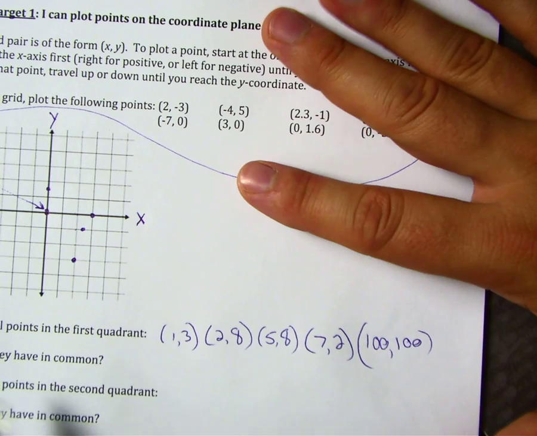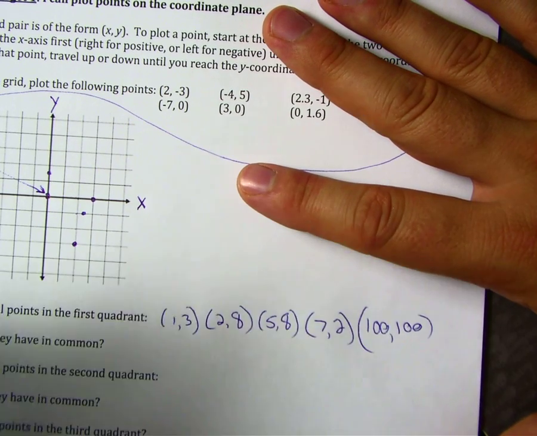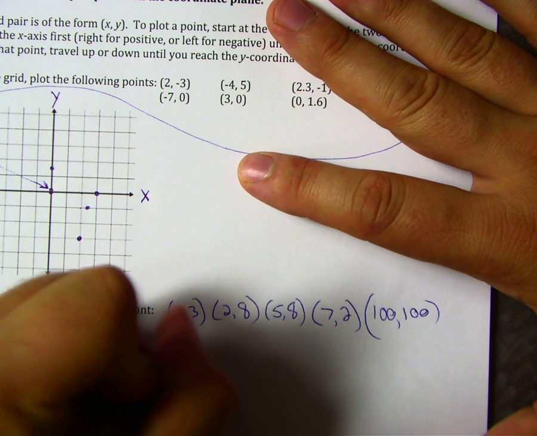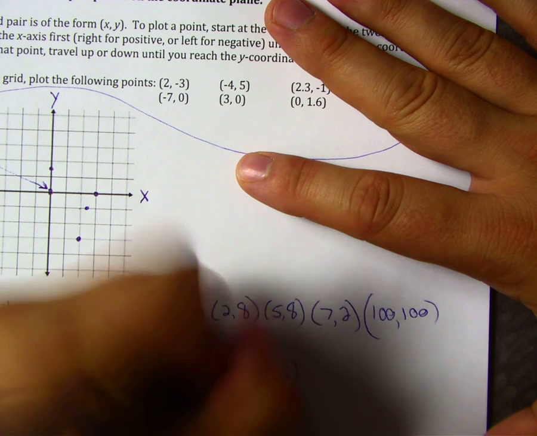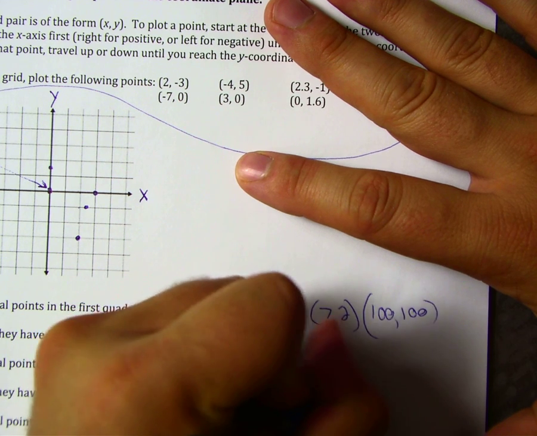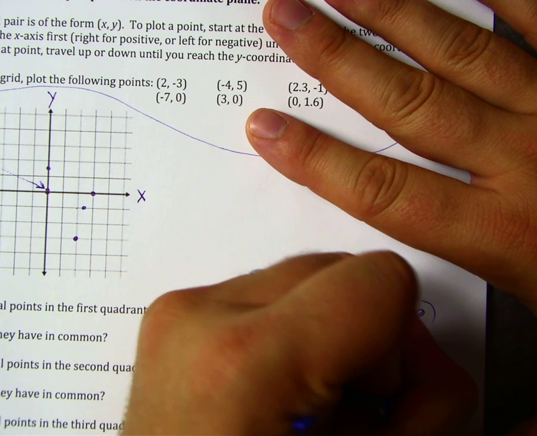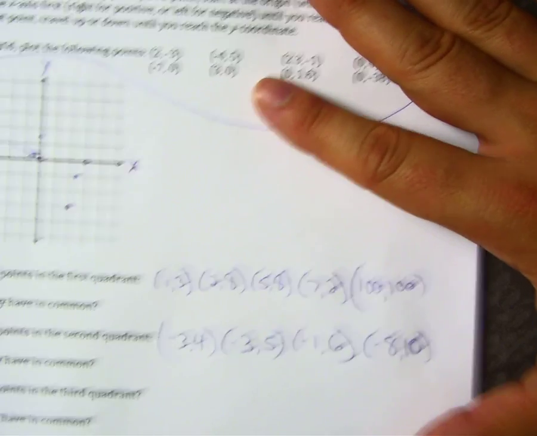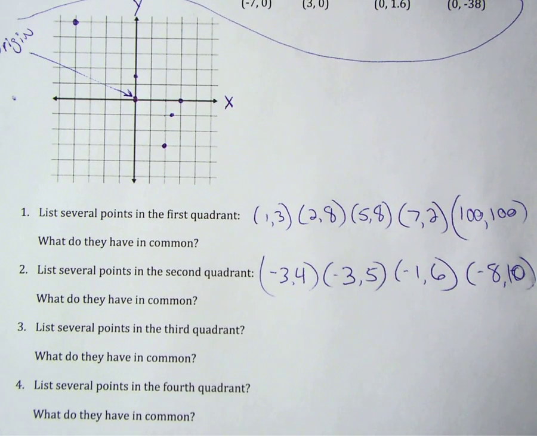Let's talk about the second quadrant. List several points in the second quadrant. Go ahead and list those points right now. And here are some points from the second quadrant. All right. Now let's go ahead and list some from the third quadrant.